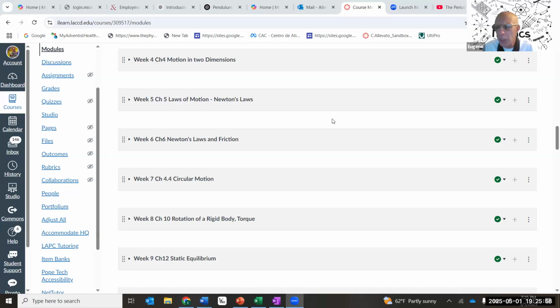Angular velocity is also, if you remember the formula, 2 pi over T. T is the period. We talk a lot about period. What is the period? The period is the time it takes to go all around a complete circle, the time it takes an object moving in a circular motion to complete the full trajectory around the circle.